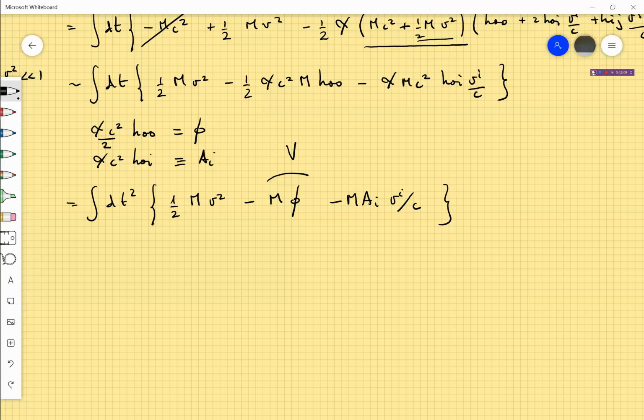This is to be expected because, after all, we have discussed this is the only kind of coupling that can be admitted because it has the right properties and so on. So why did I write this 2 here? I don't know. Okay, in other words, we have recovered what we thought was the Newtonian limit, but there is an additional term that we didn't expect.